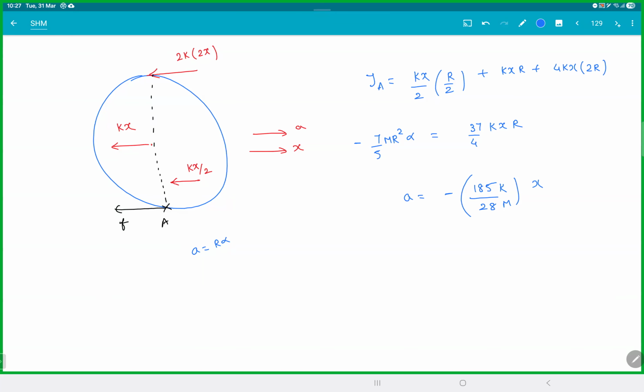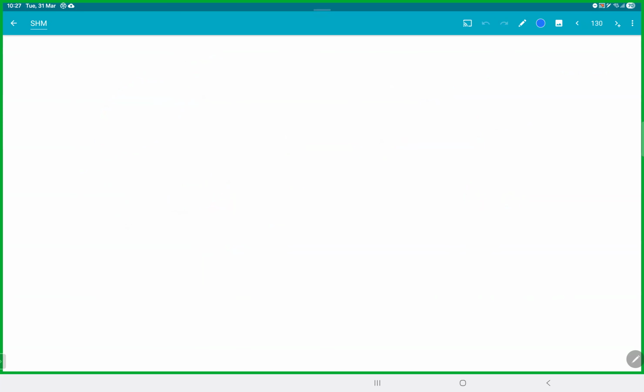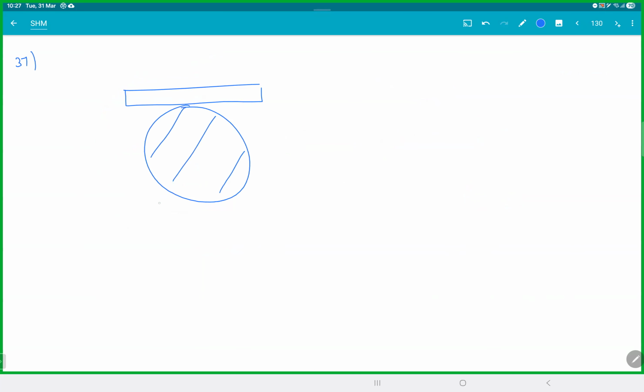Let's do one more variation of this, and then we'll wrap up for the day. So if you see, all these are rotational mechanics based questions, basically. So we have a solid cylinder of mass m, radius r.